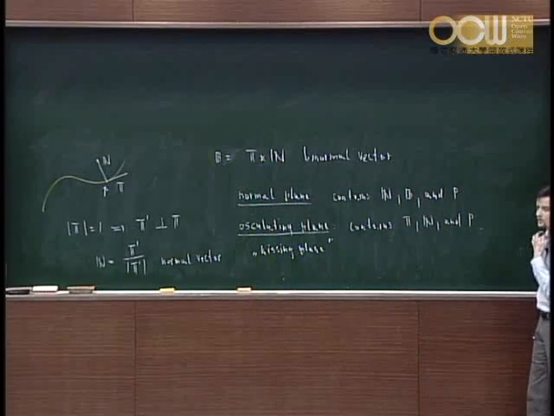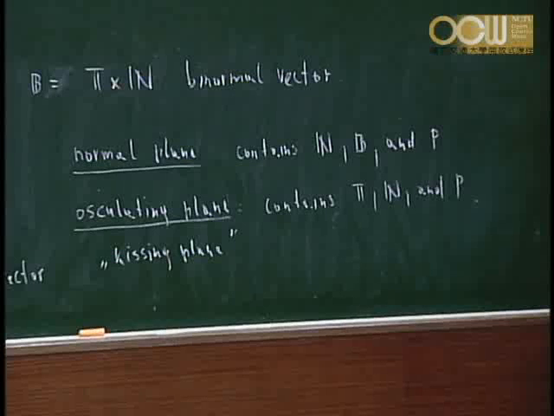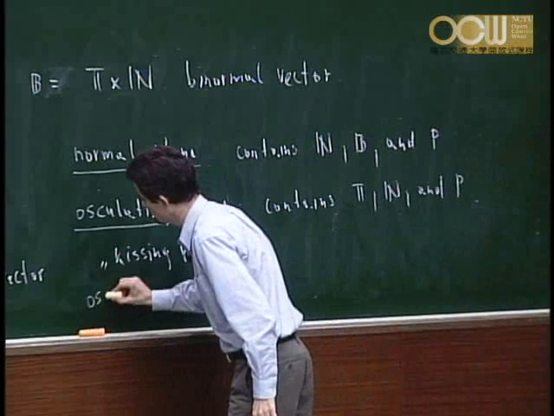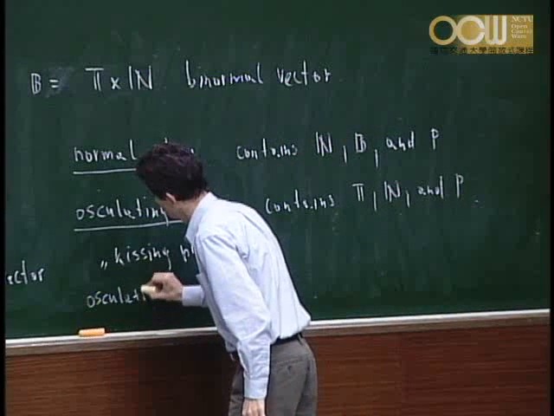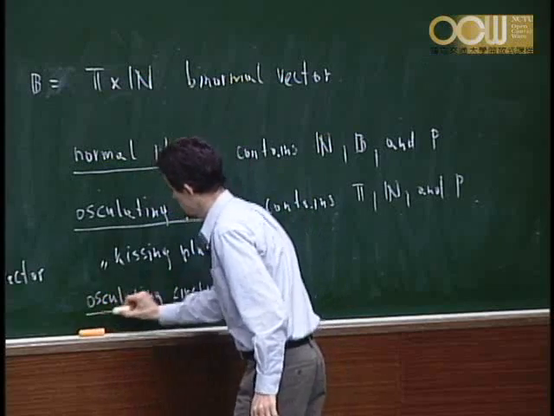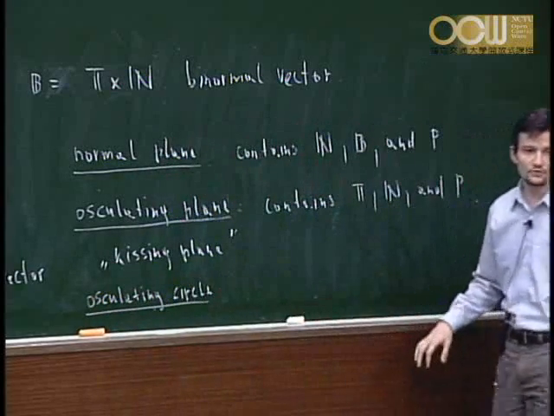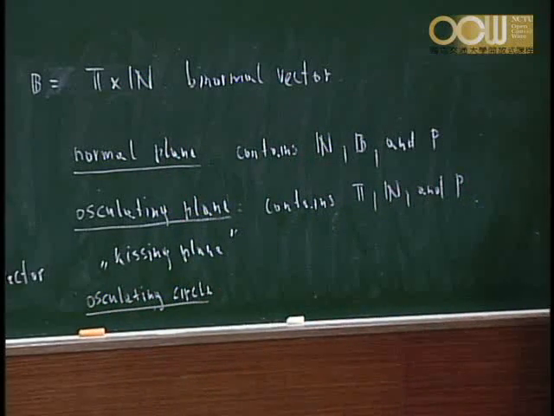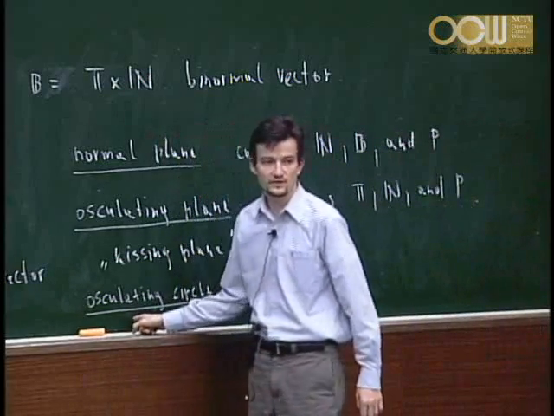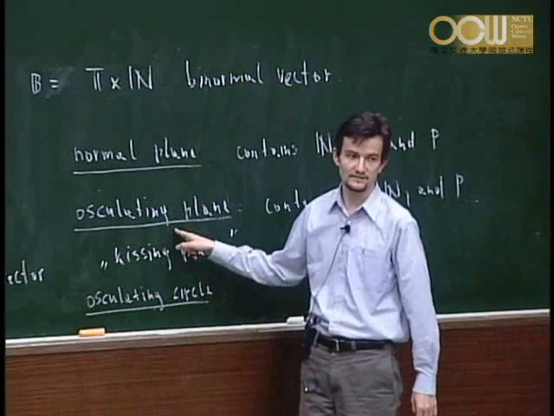And then what we define normally is the so-called osculating circle. So this is the third thing, the osculating circle. How is the osculating circle defined? You find this in our textbook. I'm not going to write it on the blackboard. So the osculating circle lies in the osculating plane.